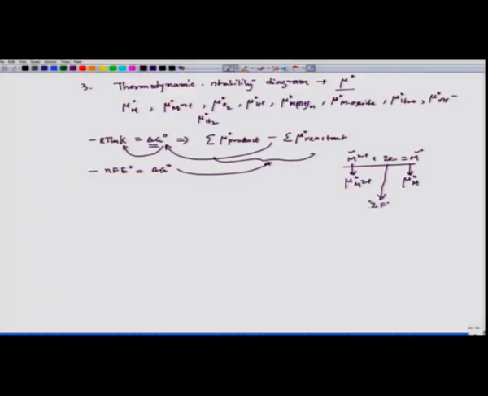So, we have a relation for this. We are not getting into the detail of that relation, but this one contributes to this 2F. Delta Z0 comes from chemical potential of M minus chemical potential of M2 plus. So, this is delta Z0 minus 2FE0. So, this 2F is related to these 2 electrons, and of course, that is also related to the chemical potential of electron.